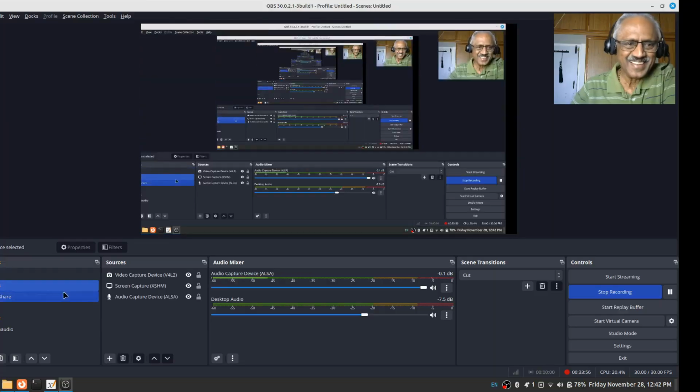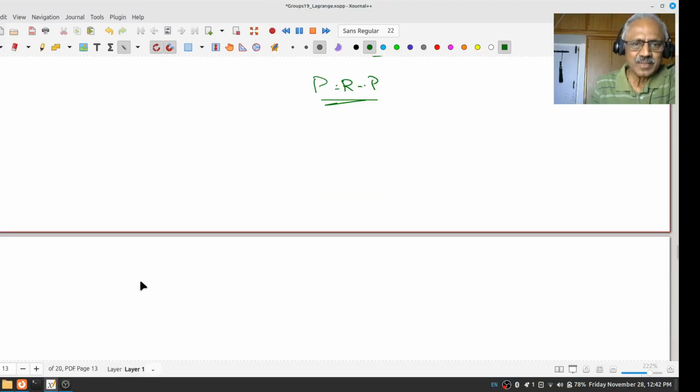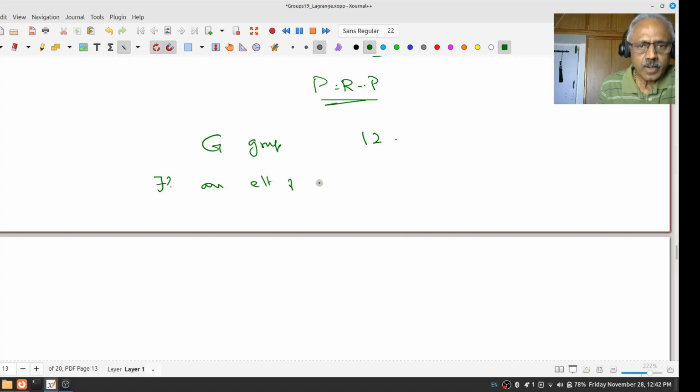The next thing: this is a very powerful result, and I just want to give applications for it. Let's look at it. Suppose I have a group G of order 12. I want to know whether there exists an element of order 8 in G. If such an element A exists, then what should happen?